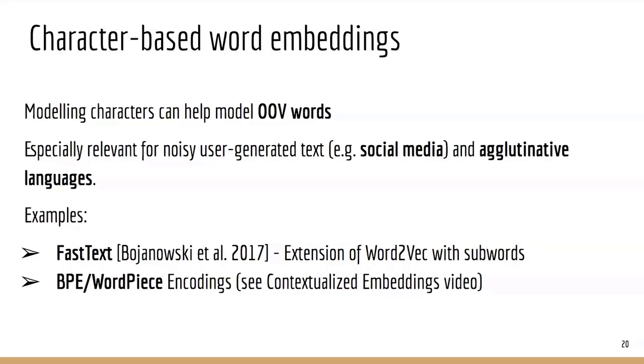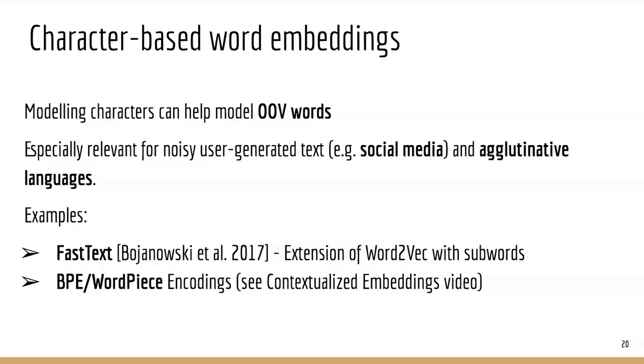Because of that, you can leverage characters, and this doesn't mean that we are not going to consider words anymore, but many times we are going to consider characters in combination with words themselves. With this combination, you can get the best of both worlds, where you can model words, but also be robust to misspellings and cover out-of-vocabulary words.